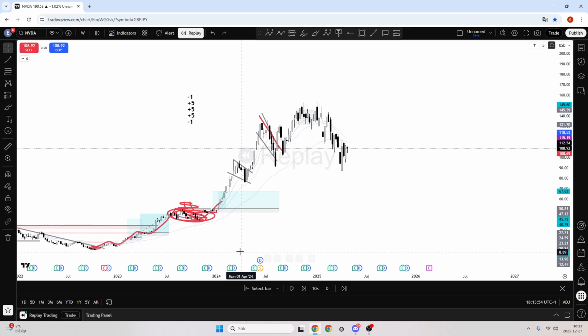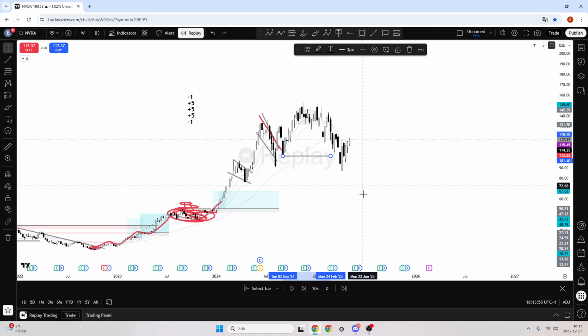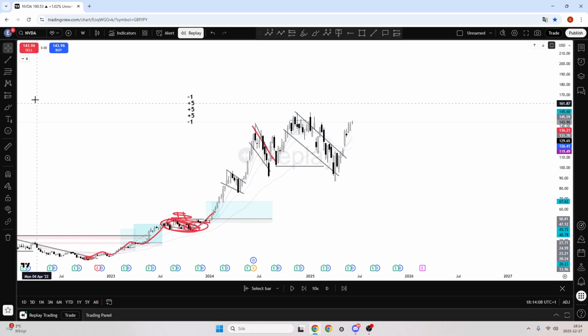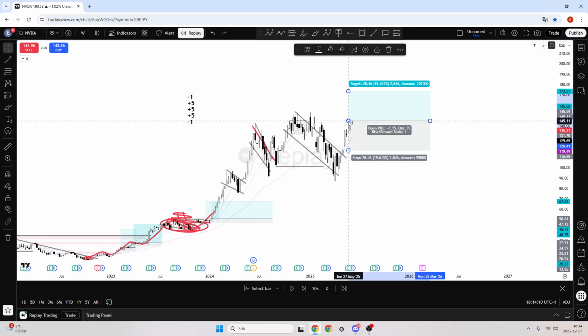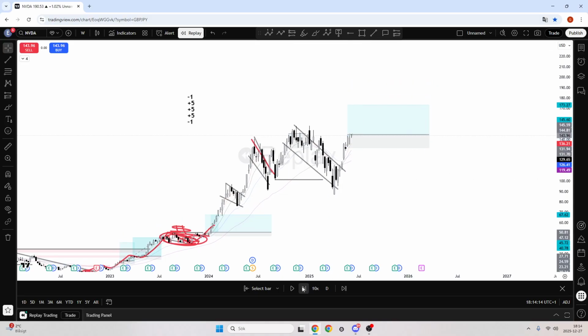So price is flushing down here. I would probably take this as low. So now what I want to see, we have our supply line, just like that. If price can come up and pause, something like this, I would simply get tapped in. I look for my 1 to 5.